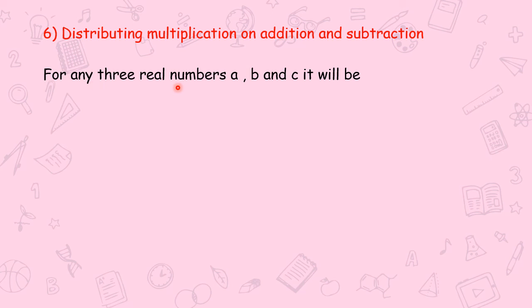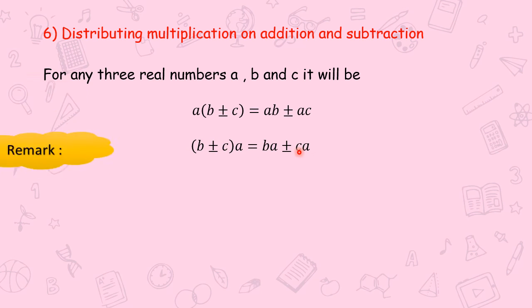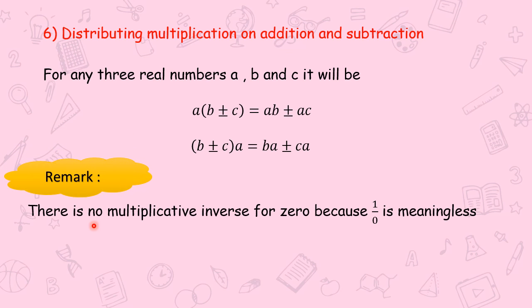For any three real numbers A, B, and C, A times (B plus or minus C) equals A times B plus or minus A times C, or (B plus or minus C) times A equals B times A plus or minus C times A. Remark: there is no multiplicative inverse for 0 because 1 over 0 is meaningless.